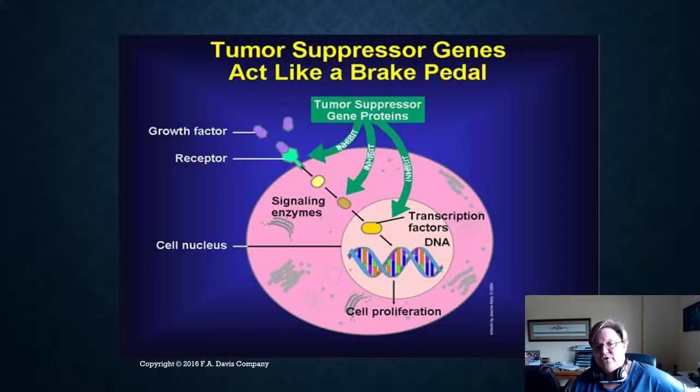We also have tumor suppressor genes that act like a brake pedal in our body. It's supposed to stop these things from happening. A common example is with growth factor, and we can stop that growth factor from making those cells grow excessively. It can happen at varying time points in that signaling processing phase.